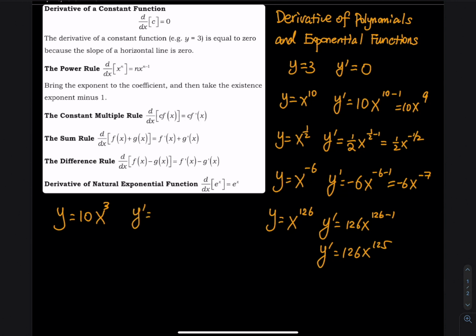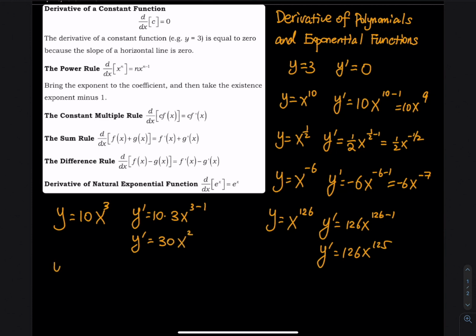The constant multiple rule tells you that you can simply take the derivative and ignore the coefficient when you bring the power down. So you write 10, you just take it aside, you bring the 3 down, and then x to the 3 minus 1. So y prime is equal to 30 times x to the second power.